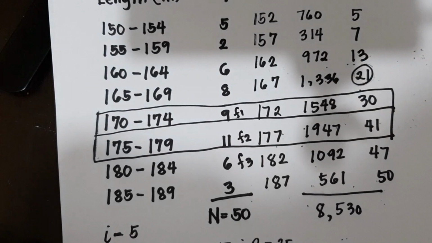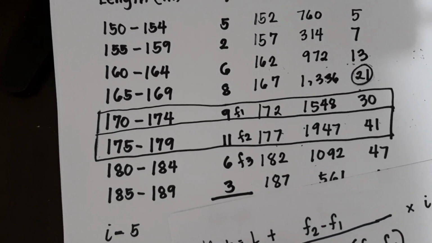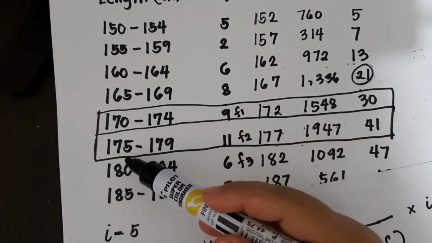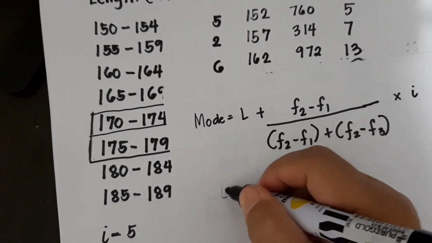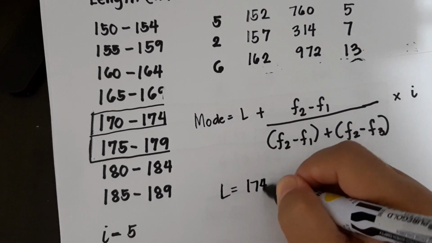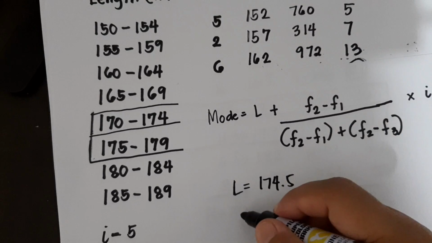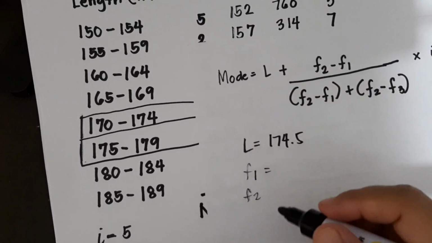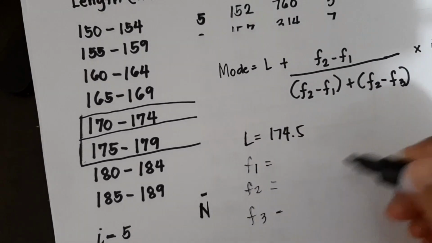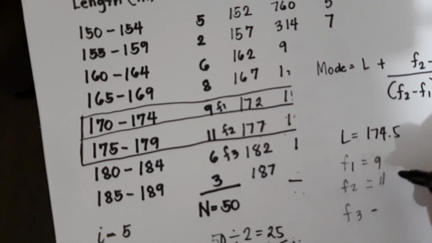Okay? So, ang ating lower class boundary of the modal class is again 174 plus 175 divided by 2 is 174.5. And then next, lagyan natin lahat ng values. So, yung F1 ay 9, F2 ay 11, then ang F3 natin ay 6.